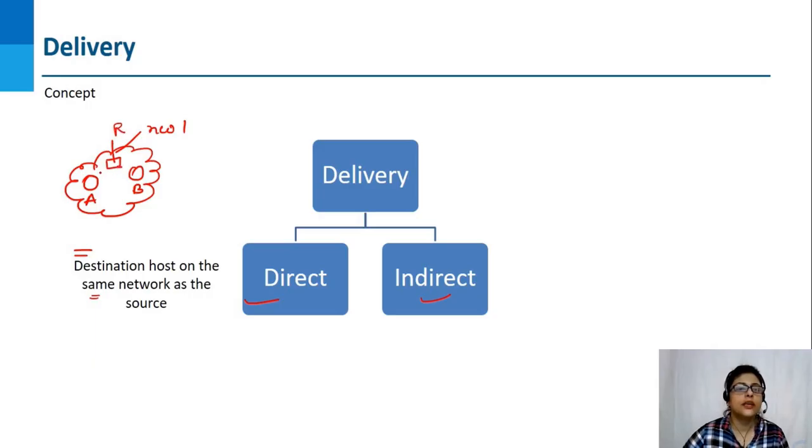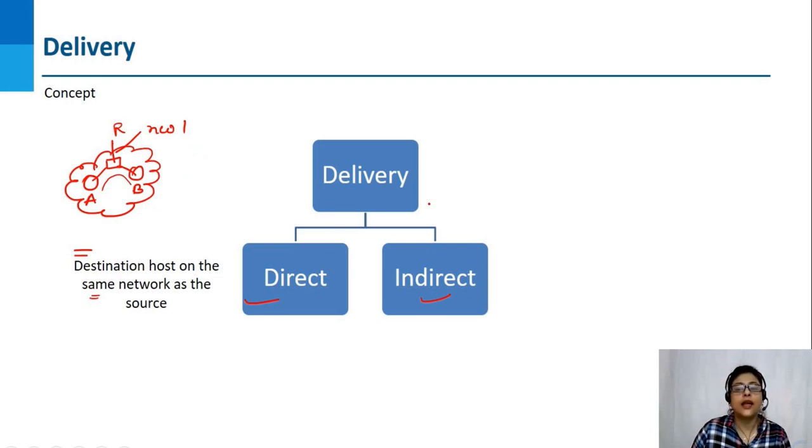This router is connected to the two hosts. Now, if the packet is delivered from host A to host B via this router, then it is known as the direct delivery because the two hosts are in the same network.